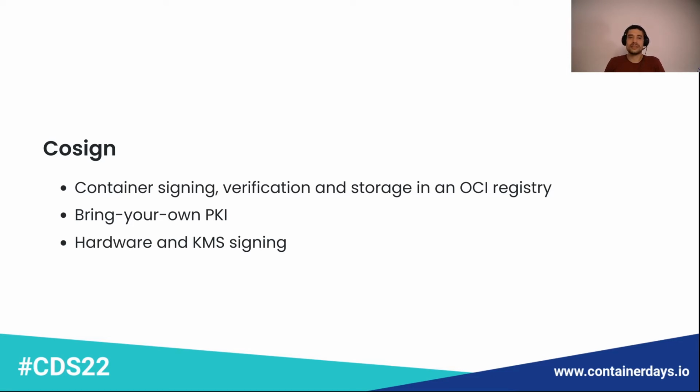If not, cosign allows you to create a key pair and everything. It also has support for KMS. If you are using AWS KMS, Google Cloud, or HashiCorp Vault, you can integrate the keys you create with cosign in this key management system. And it also supports hardware signing if you have one of them. So let's see how you can sign using cosign and a key pair.